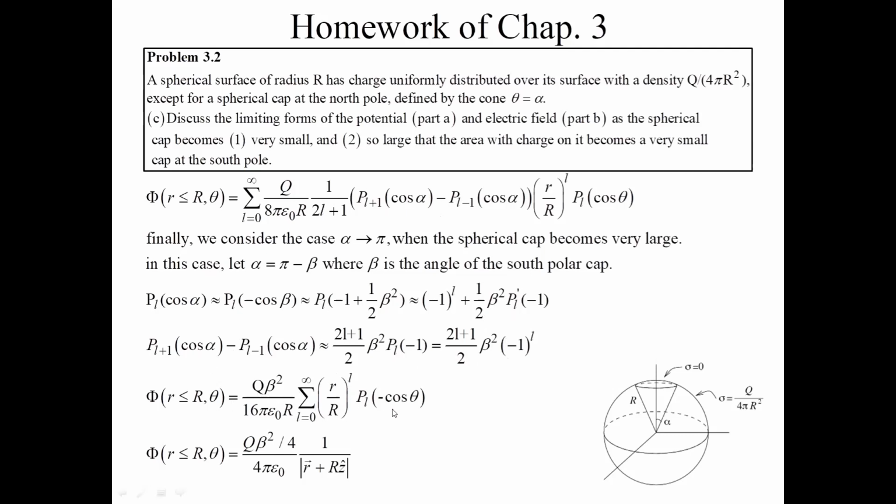Then we can get our final potential as this, and it looks like just a point charge Q times beta squared over 4 at the minus R position. This condition fits the physics meaning, so you can check.